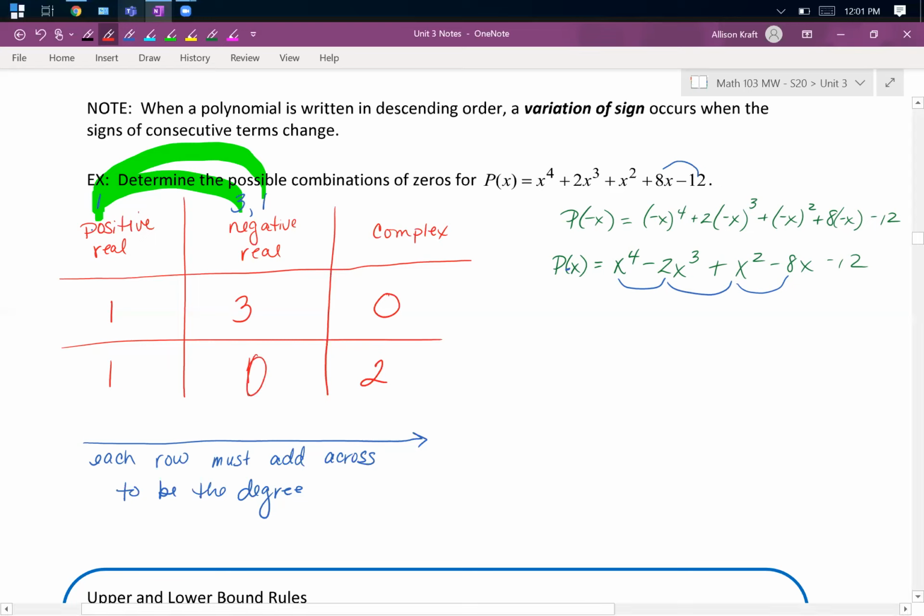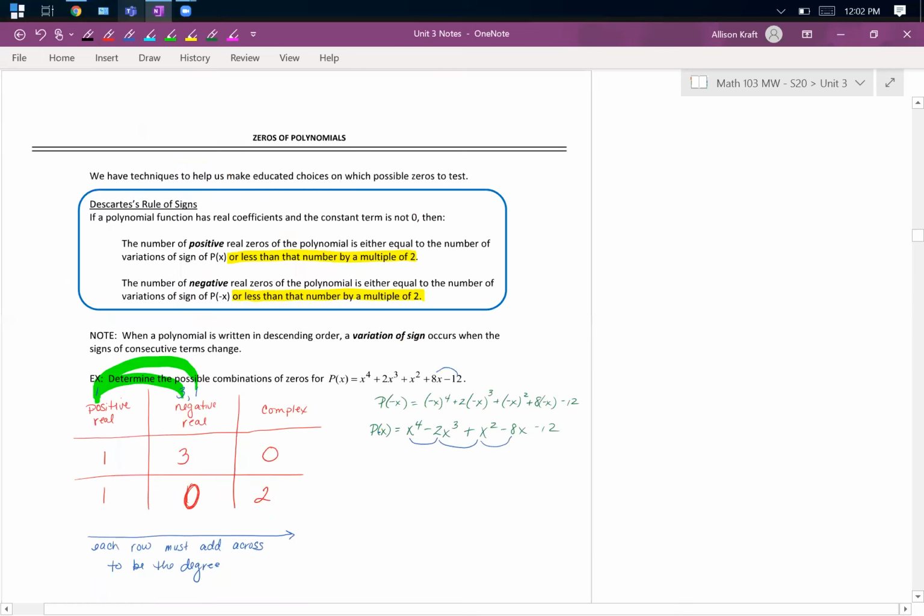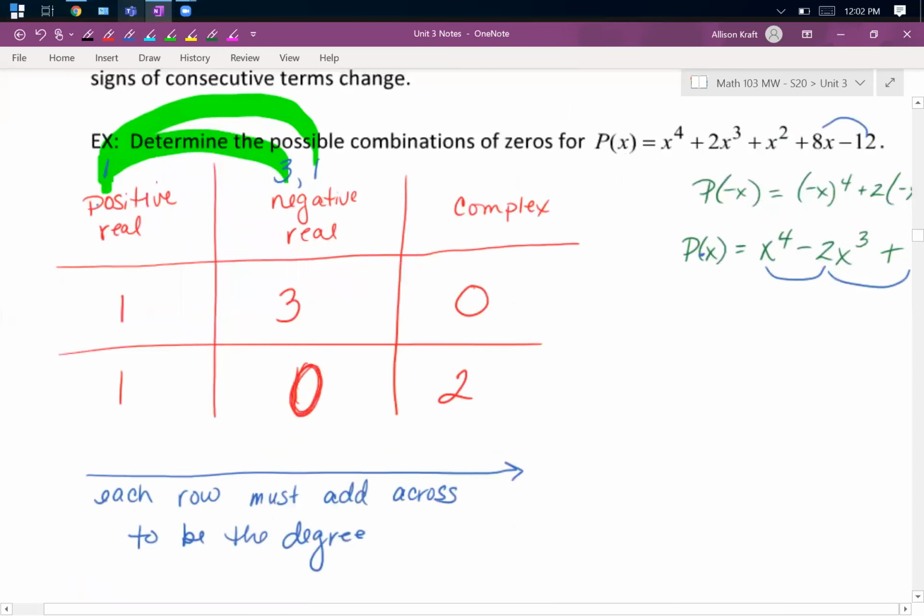If there are, I avoid that type of number. So if this had been a 0 here, that means that in one option I have negative real zeros, but in the other option I don't. So I would avoid checking negative numbers because it's a 50-50 chance that there aren't any. While if I look at the positive real column, there aren't any zeros, so that means that I'm guaranteed to have a positive answer. So I would start by looking for the column that has zeros in it, and then I would avoid that column.